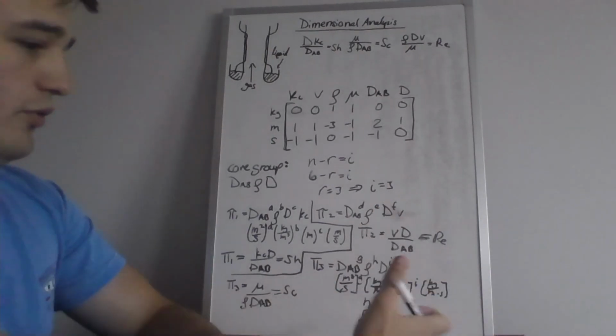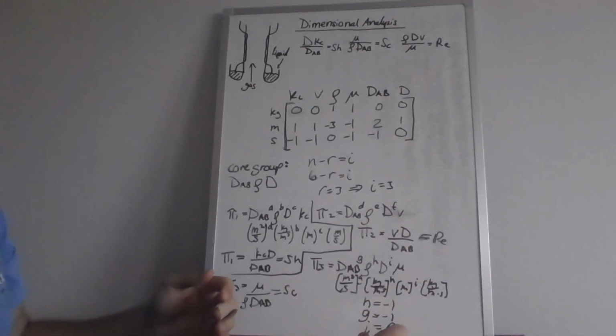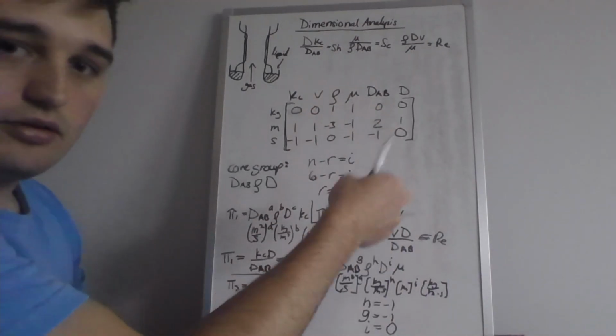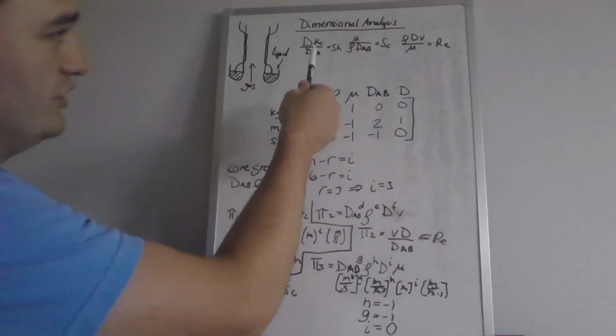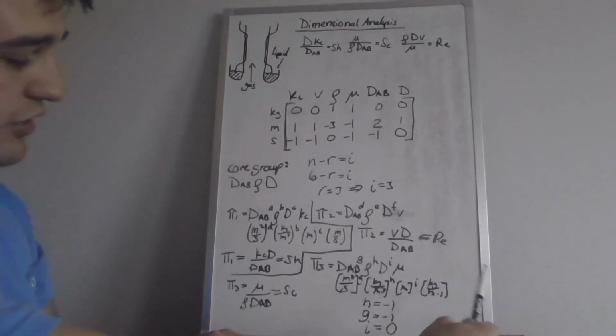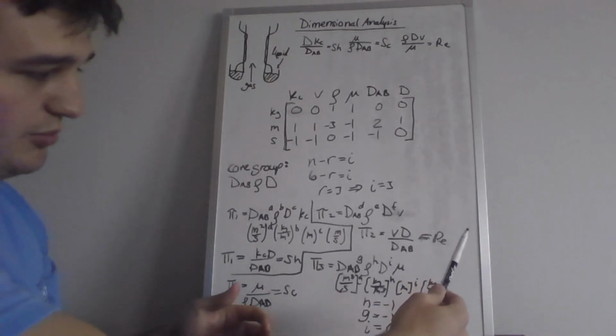So now that we know all these numbers, we're missing one term because we want this in relation to the Sherwood, Schmidt, and Reynolds number, and we don't. We have the Sherwood, Schmidt, and Peclet number.